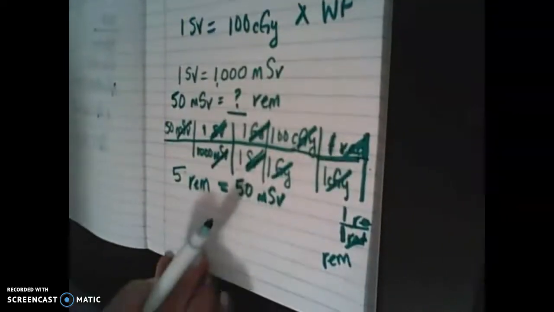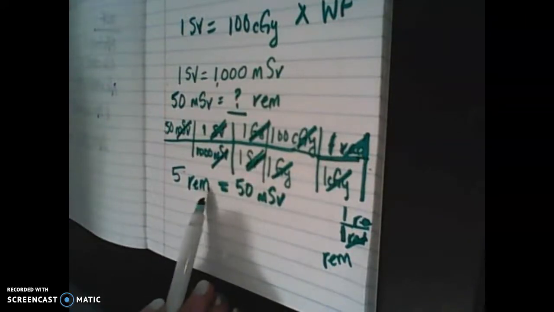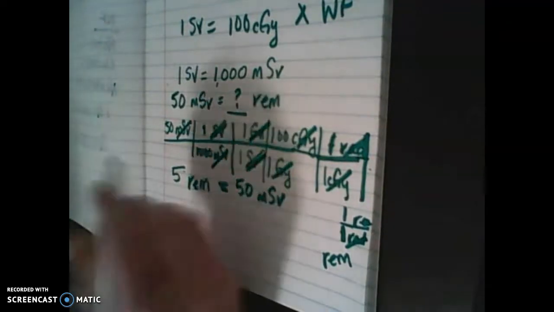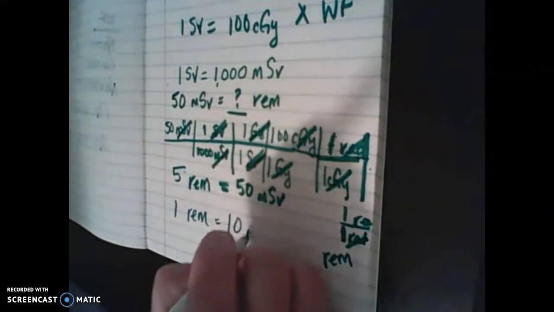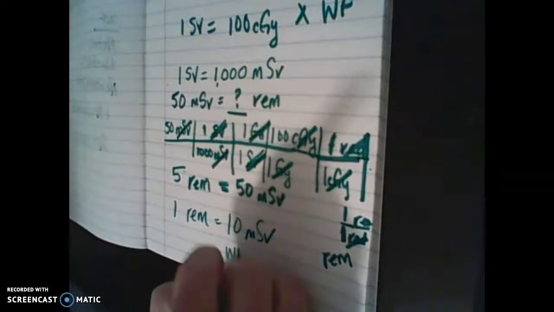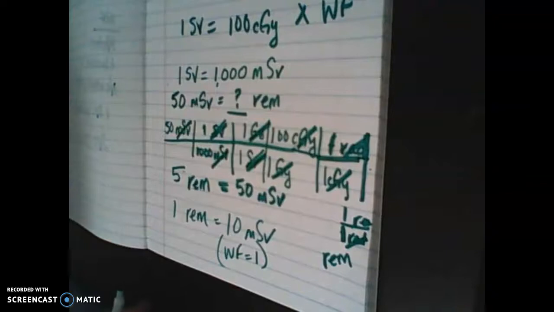And it makes it a little confusing because you see two different numbers. But now you can see how these numbers relate to each other. So 1 rem is going to be equal to 10 millisieverts as long as the weighting factor is 1.